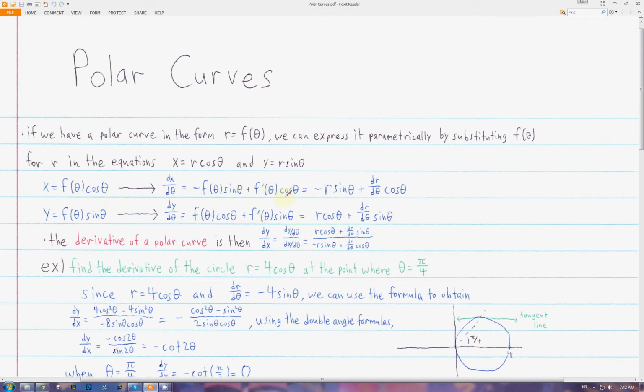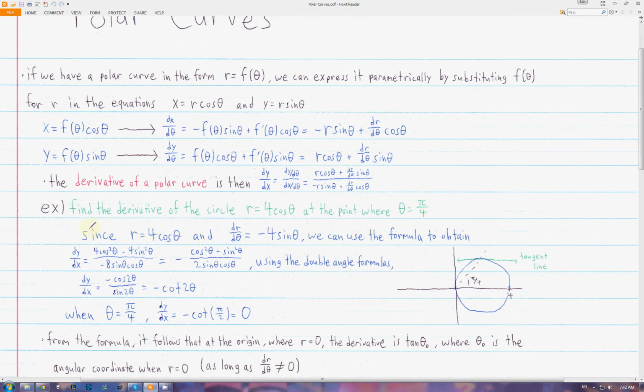And then once we get this, we can simplify them by replacing f of theta with r and f prime of theta with dr/d theta. So a final expression for the derivative of a polar curve is dr/d theta cosine theta plus r sine theta... all over negative r sine theta plus dr/d theta cosine theta.